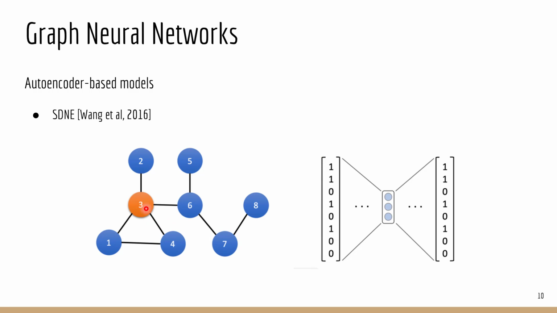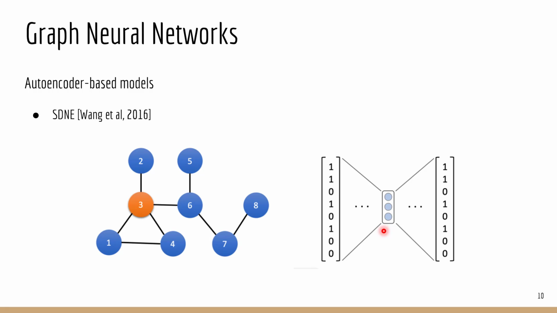So here, for example, node 3 is represented by these 4 ones and the other zeros. And the difference here is that instead of using some eigenvalue-based decomposition technique, we make use of neural networks in order to reduce the dimensionality of this representation into a compact representation.